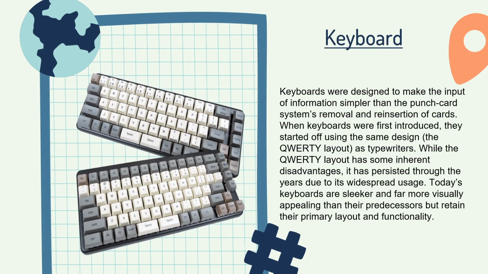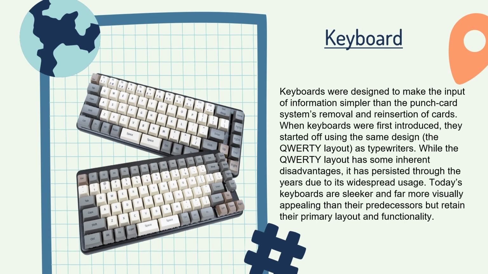The first is keyboard. Keyboards were designed to make the input of information simpler than the punch card system, removal and reinsertion of card. When keyboards were first introduced, they started off using the same design, the QWERTY layout, as typewriters.